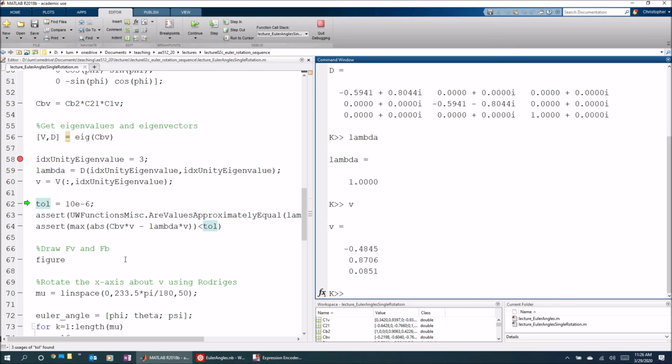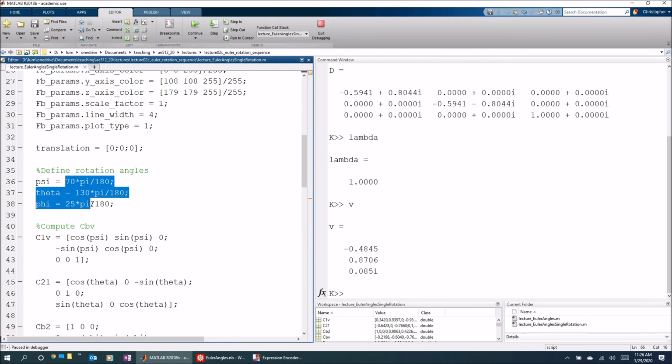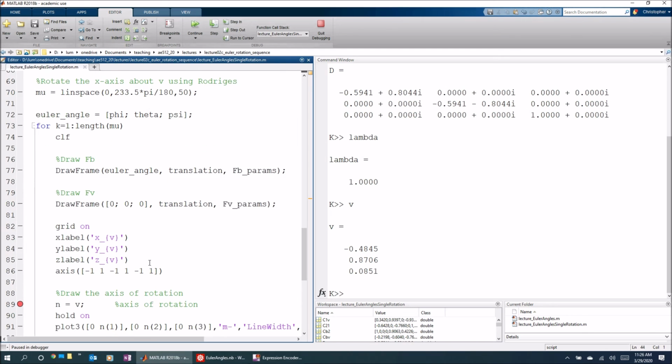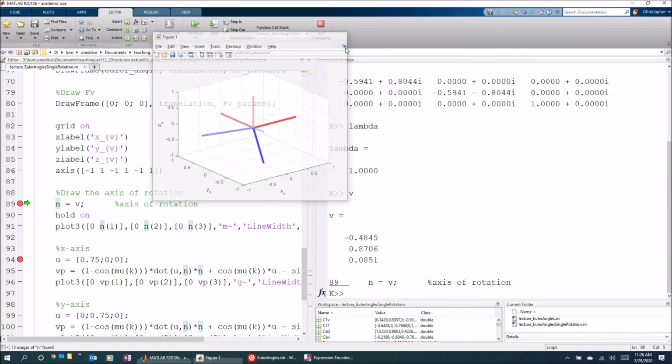So what I want to do now is, tell you what, let's go back and draw ourselves the vehicle carrying northeast down frame, and then the body frame that was obtained by rotating through these 3 angles, right? It was basically that Euler rotation sequence that we were looking at earlier in the lecture. So I'll just hit F5 so we can draw this picture, and let me just dock this figure.